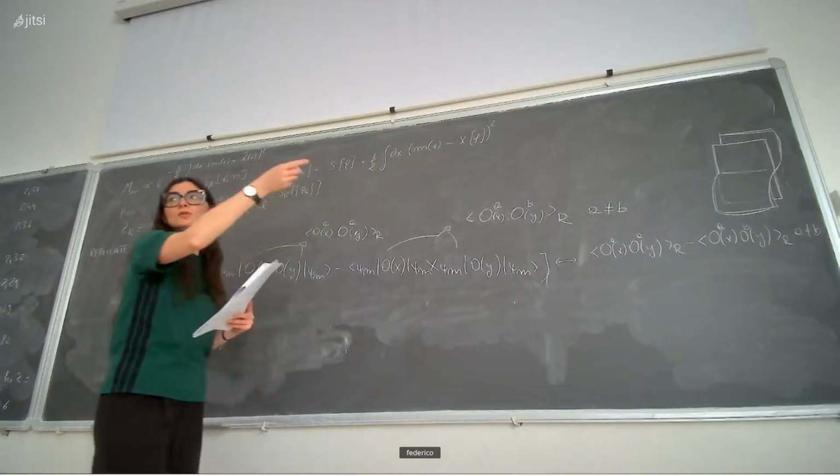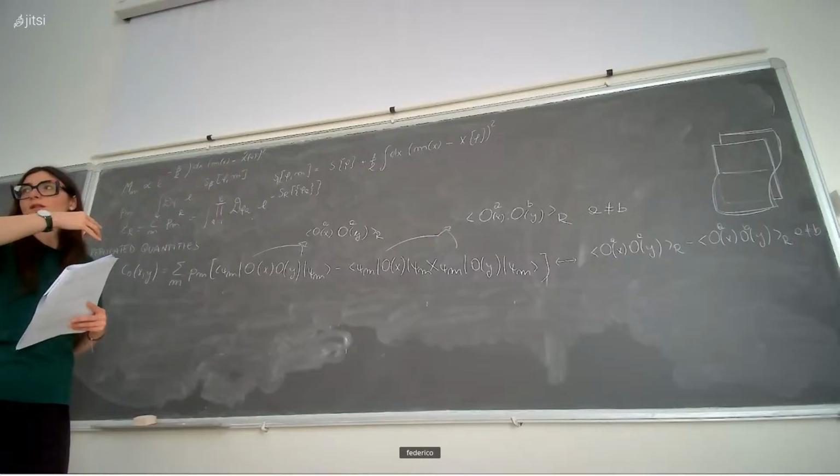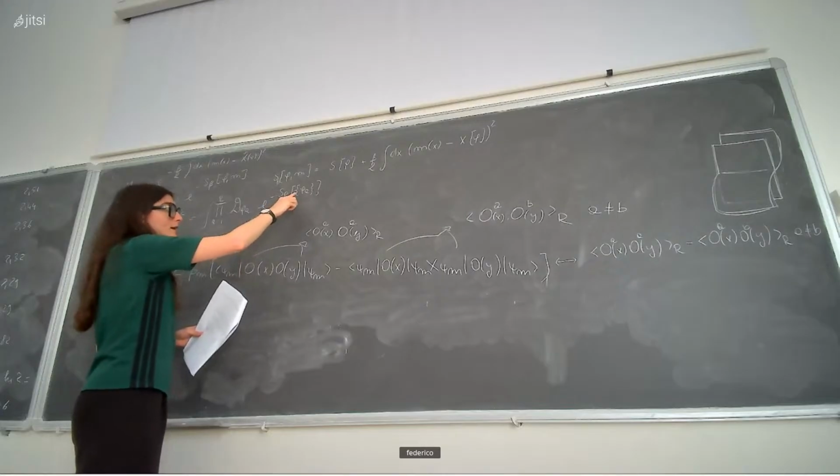So we can integrate out the effect of the measurement, because it's a Gaussian integral, such that I get an effective action that depends only on the field phi A.